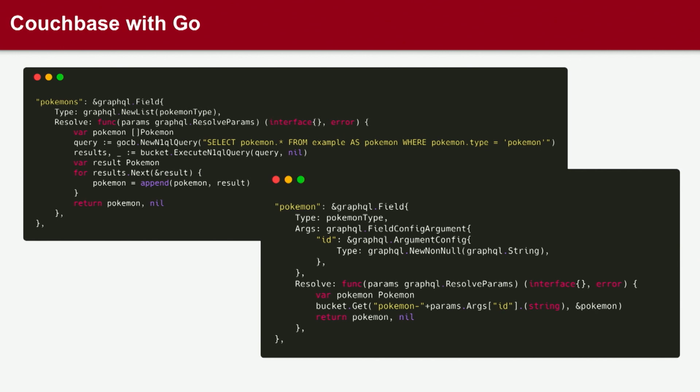Let's say that maybe I've prefixed my keys with Pokemon, and then I'm taking the parameters that were passed, the args, that single ID, I'm using type assertion to turn it into a string, and I'm storing it in that Pokemon variable to be returned. I could use N1QL. One advantage is if I can do a lookup based on ID, I should, because it's always going to be faster than N1QL, because N1QL works off of indexes, and while it's not slow, the alternative is faster when you can use it.